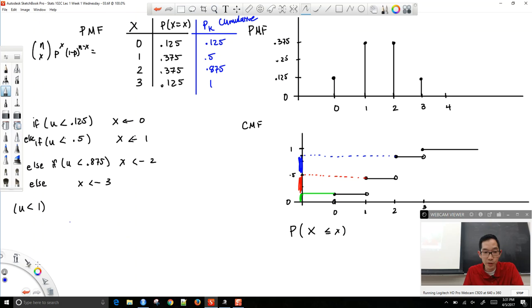And then the way we generate for a discrete distribution, okay, so to generate, we say U comes from uniform on 0, 1.